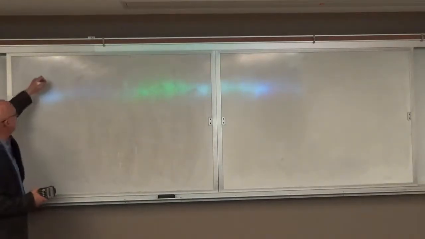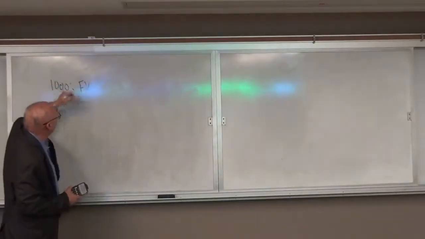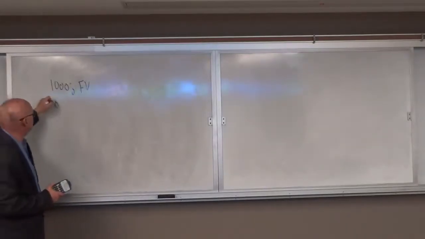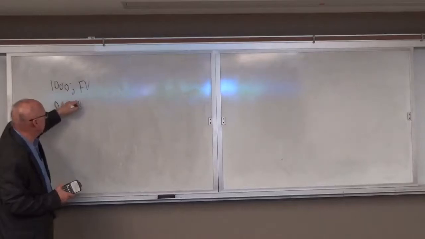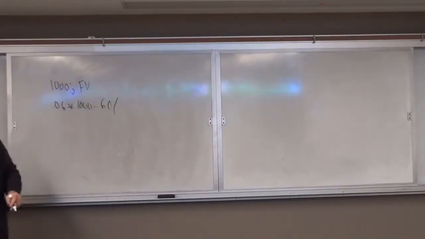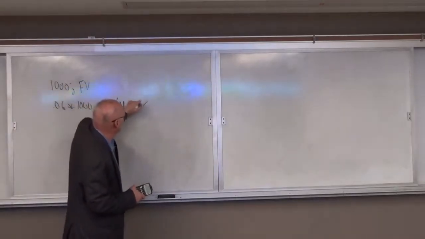A bond currently has a par value of $1,000, so $1,000 is going to be our future value. The coupon rate is 6%, so 0.06 times 1,000 equals 60 divided by, let's see how often it's being paid. Being paid quarterly, so it's still 15.